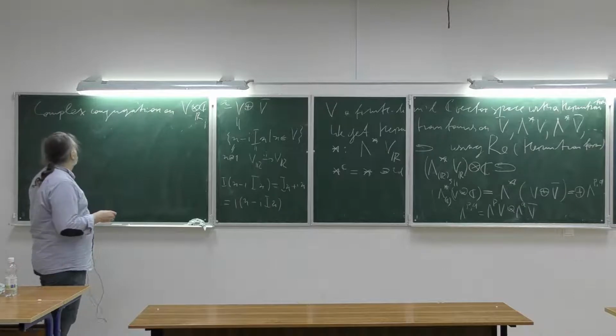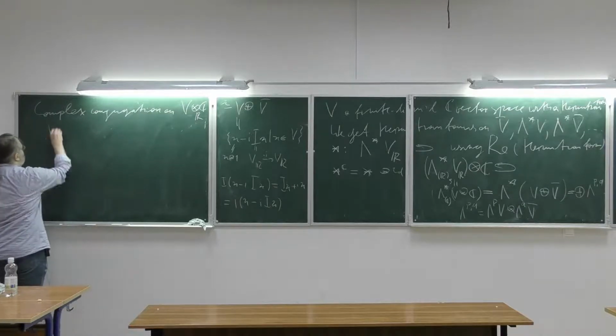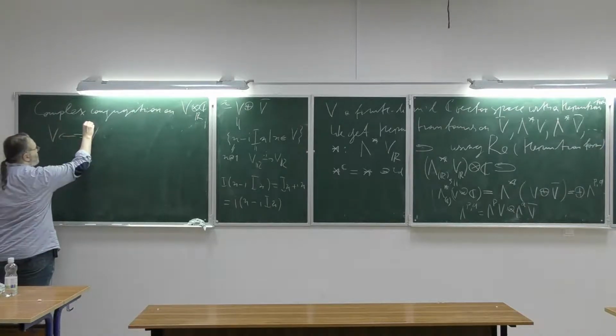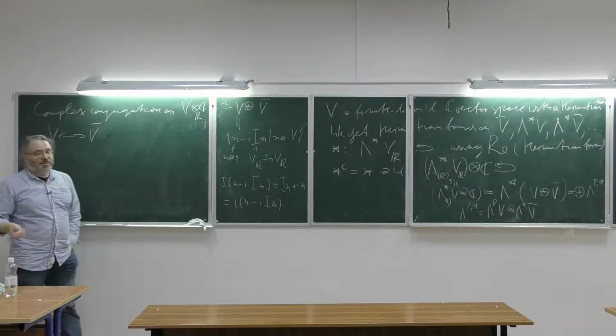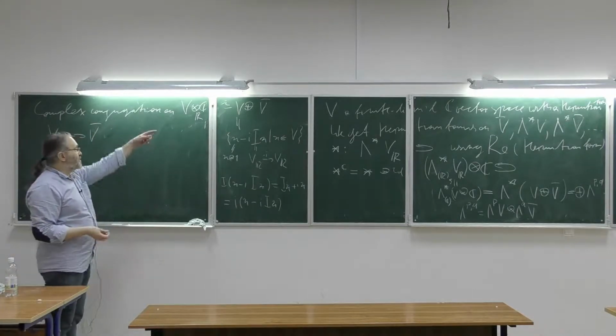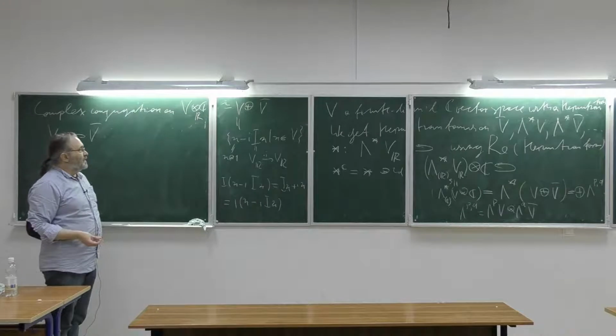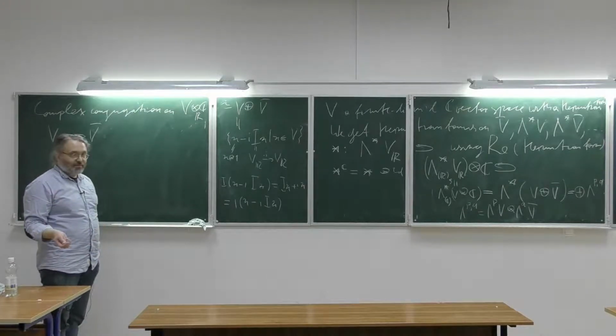Okay, so the complex conjugation interchanges V and V bar, which is not surprising.